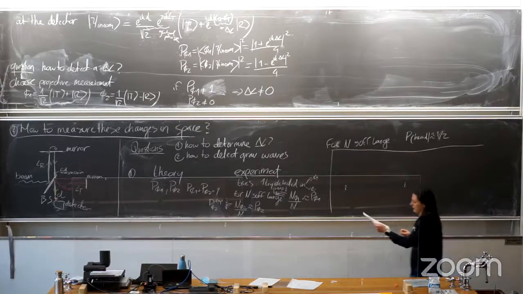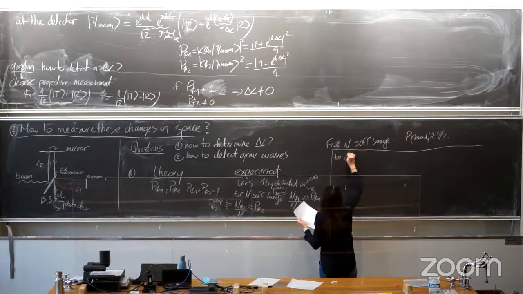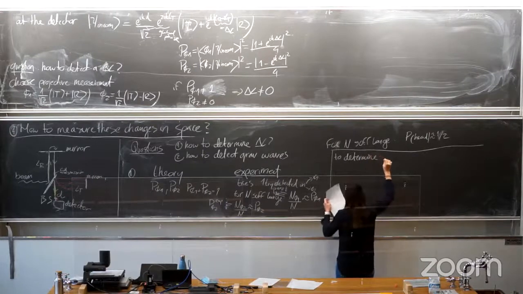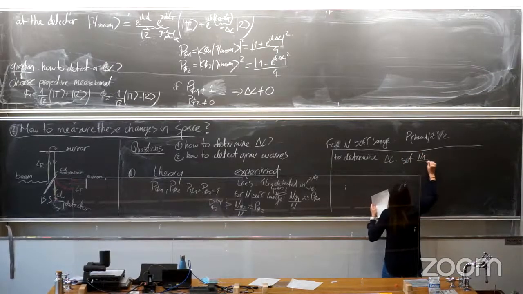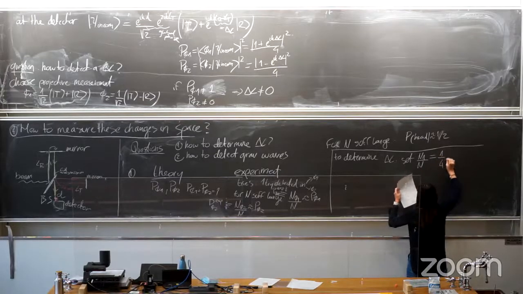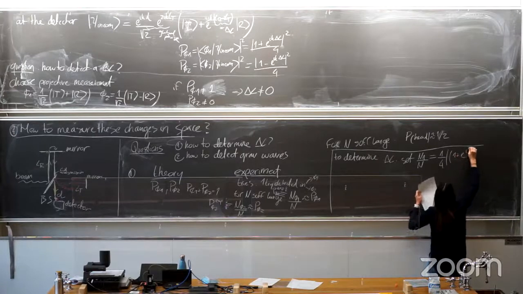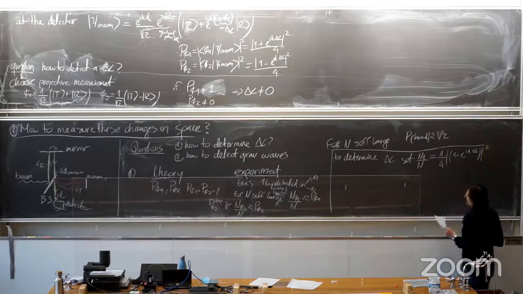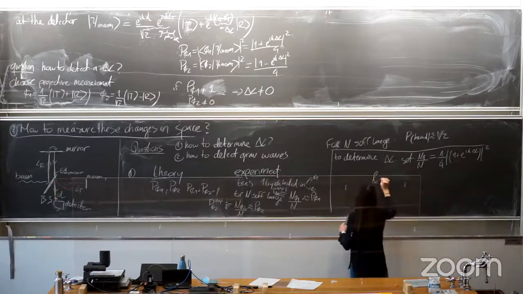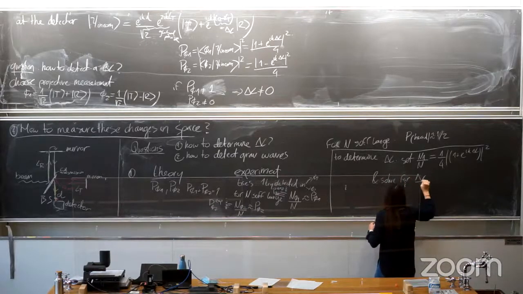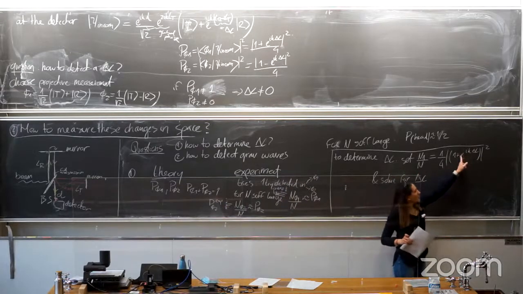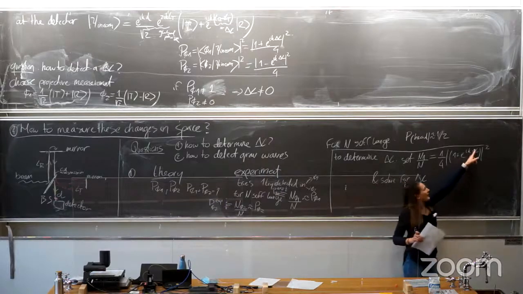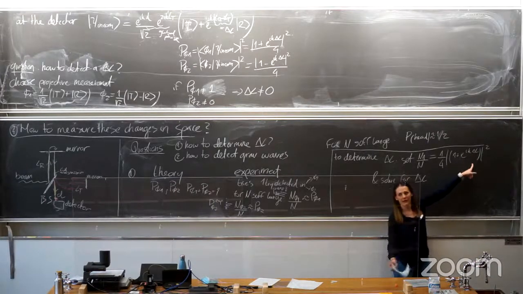So to determine delta L, we set n of psi1 divided by n equal to 1/4 of |1 plus e to the i k delta L| squared, and solve for delta L. Here we will have some cosine or sine of something multiplied by delta L. And that's where we have to go back to the first thing we saw this morning, inverse trigonometric functions.